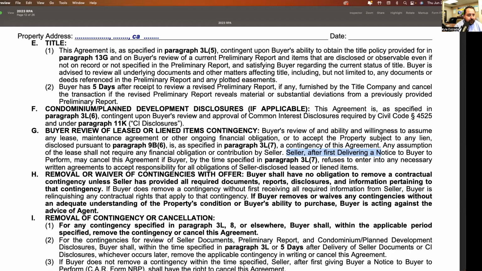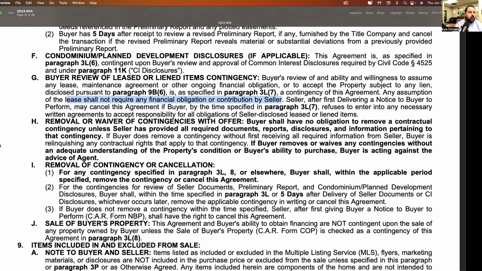The seller doesn't pay for it. The buyer does. Right here: lease shall not require any financial obligation or contribution from seller. So it already says in the contract, buyer's taking it over. They have 17 days to figure it out. If they don't figure it out, then we can cancel as seller, they can cancel as buyer.